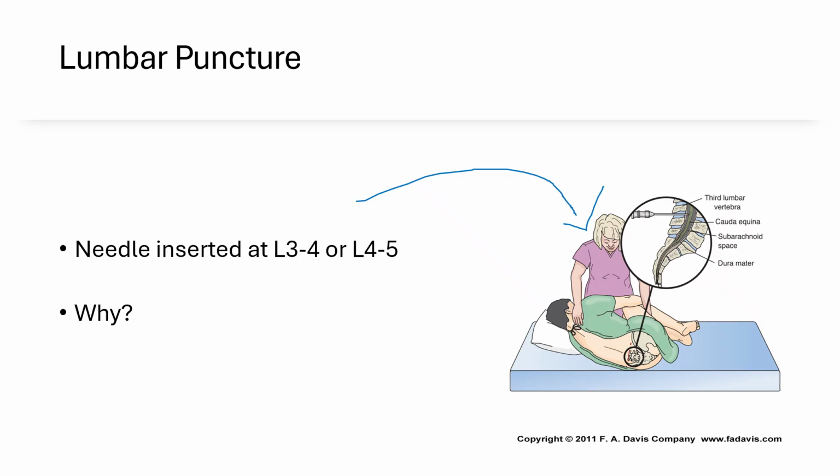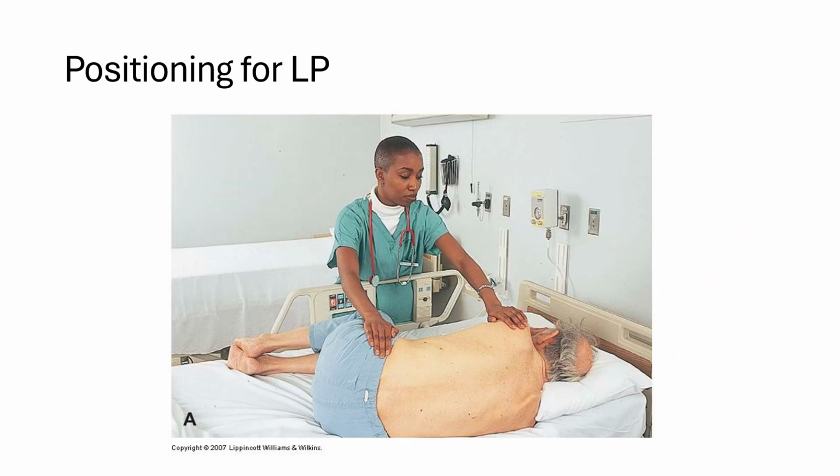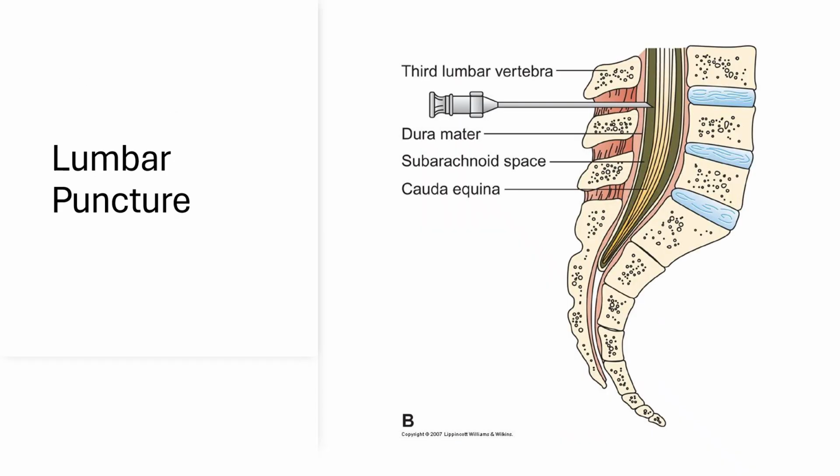So they're either sitting hunched forward or they are in a knee to chest position on their side. So that's another picture of a patient positioned for an LP. And again, here is a picture of the needle going into the subarachnoid space, which is where the lumbar puncture goes.